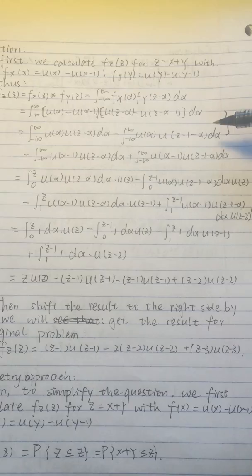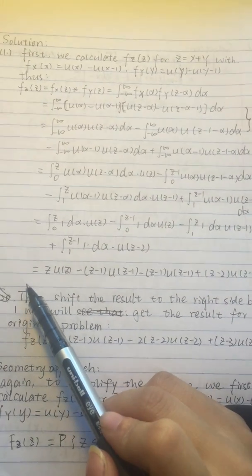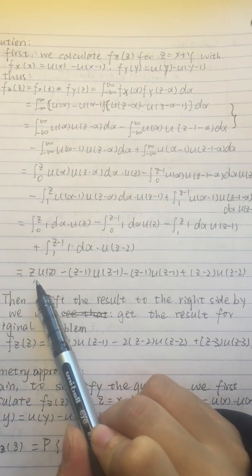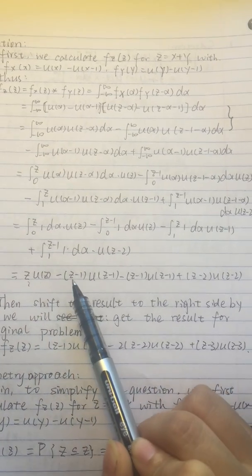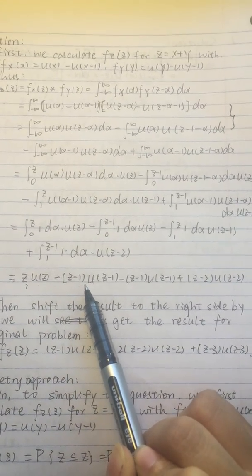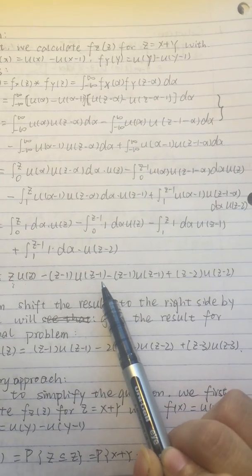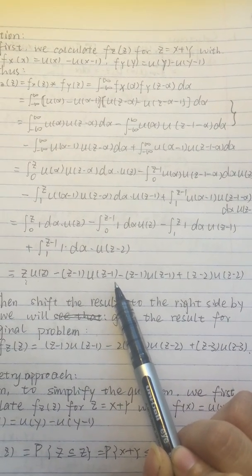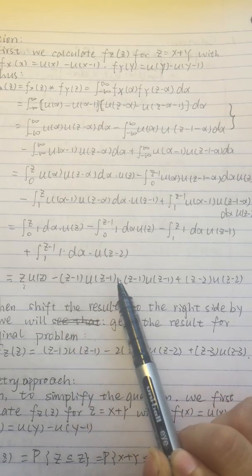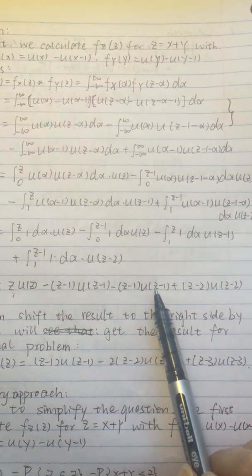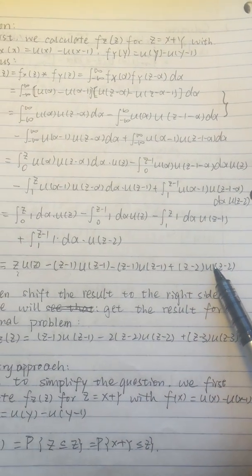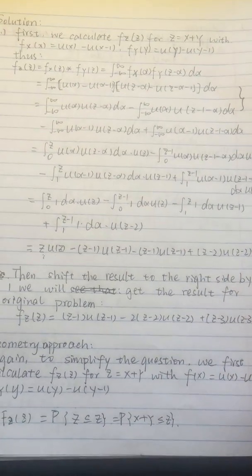Finally, we get fz equals z minus z times u(z) minus (z minus 1) times u(z minus 1) and minus (z minus 1) u(z minus 1) and plus (z minus 2) u(z minus 2).